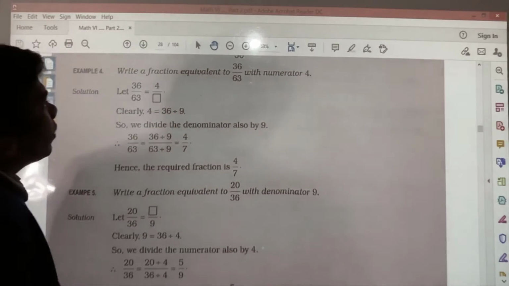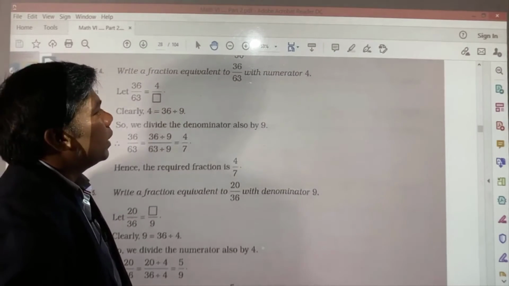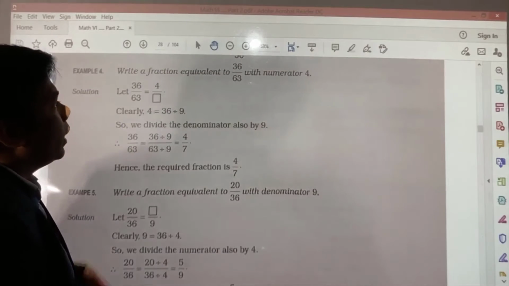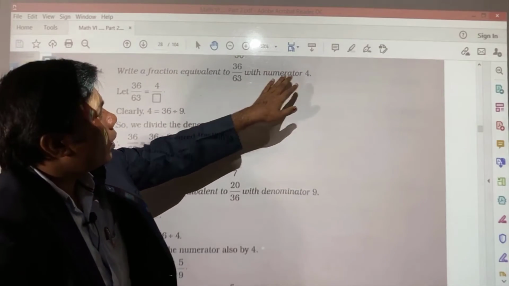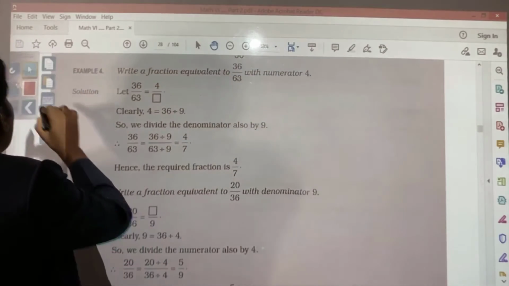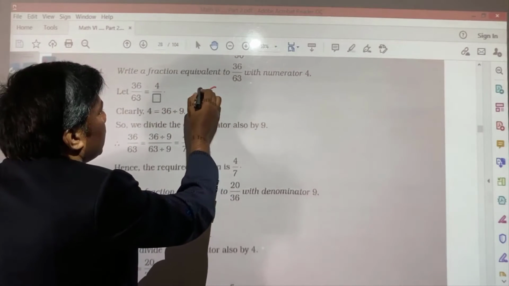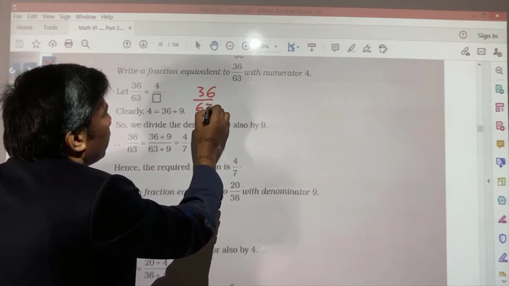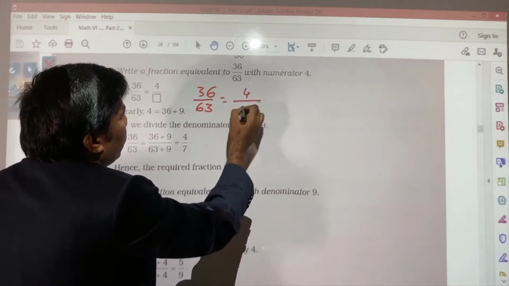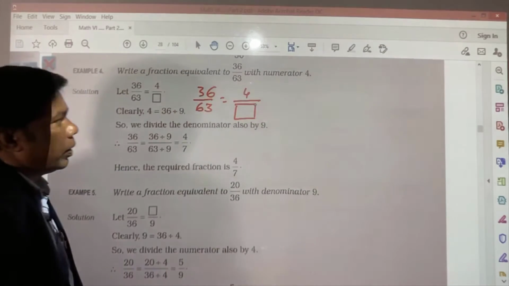Write a fraction equivalent to 36 by 63 with numerator 4. Here you need to get the numerator 4. How will you find out? Here division is required. 36 by 63 is equal to 4 by some number you need to write down.